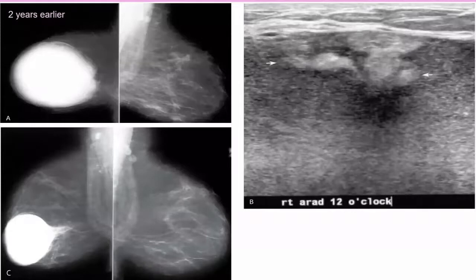Complicated or complex? Why is it complicated? Are you sure this hyperechogenicity is fluid? No problem, so it is complex.